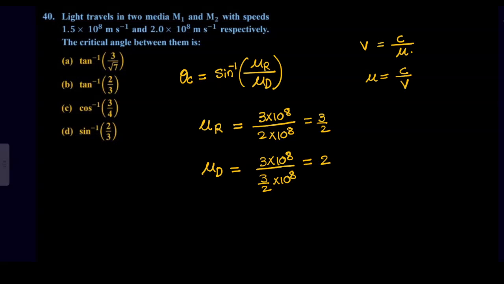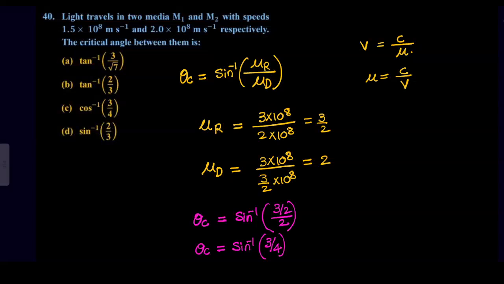Now we can put these values to get the value of theta c. So theta c is sine inverse of mu r by mu d, which is 3 by 2 by 2. So theta c is sine inverse of 3 by 4.